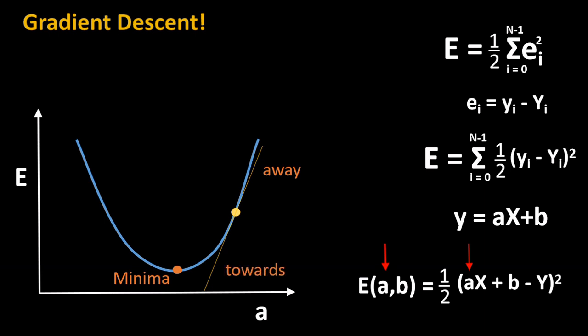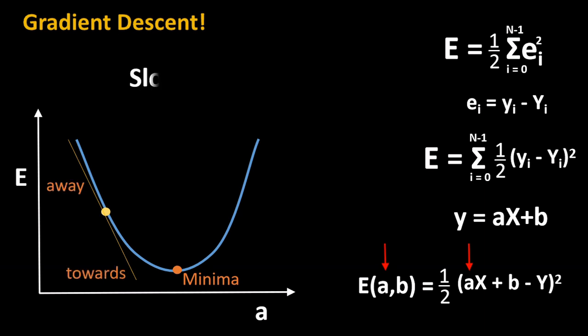So what we find is that when our slope is positive, that is when we are on the right side of the minima, we have to decrease the value of a, and similarly when the slope is negative, that is on the left side of the minima, then we have to increase the value of the parameter a to reach the point near the minimum.